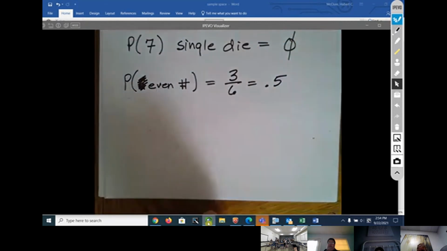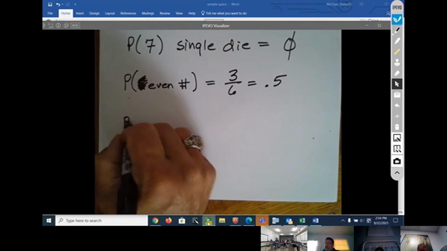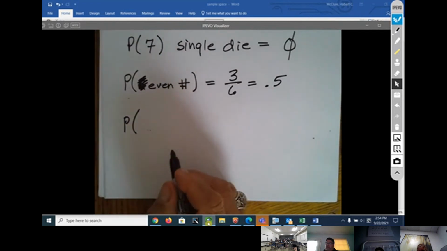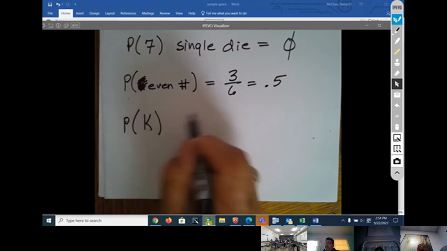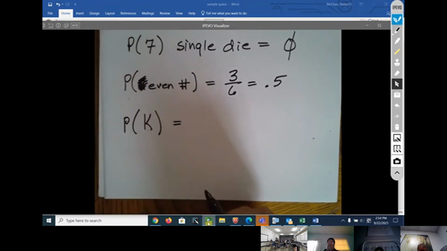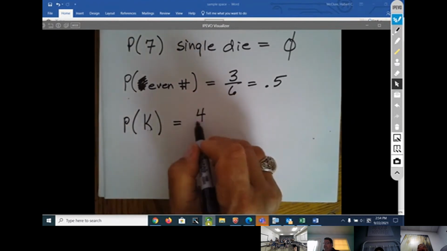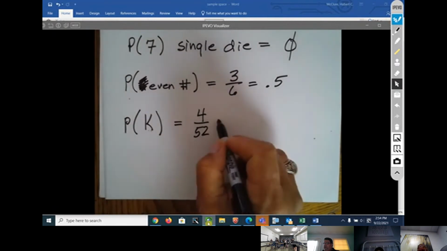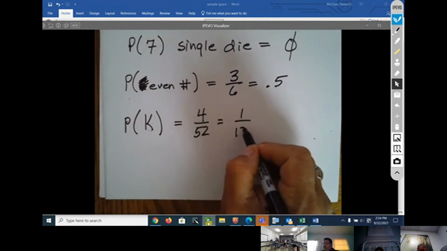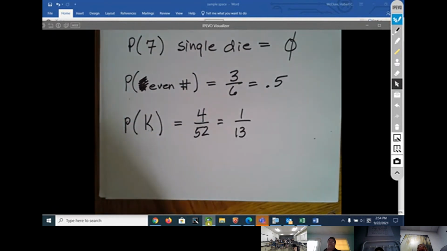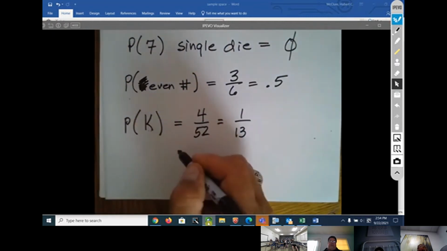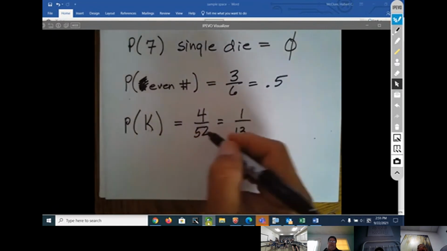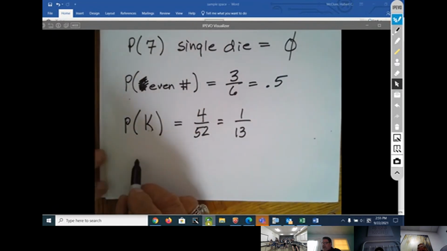What is the probability of picking a king out of a deck of cards? 4 out of 52, which is equal to 1 out of 13. Okay? Now, all of these examples that I just gave you, this is theoretical.